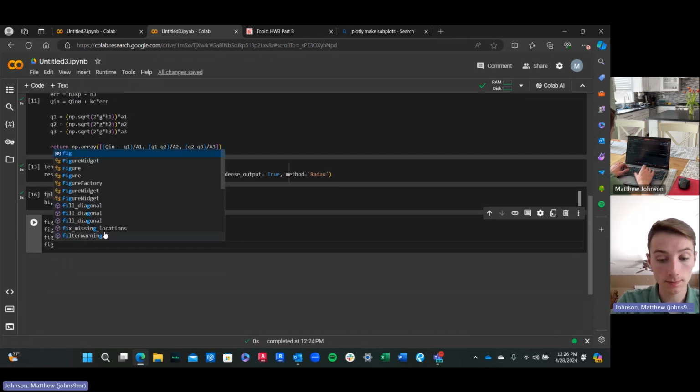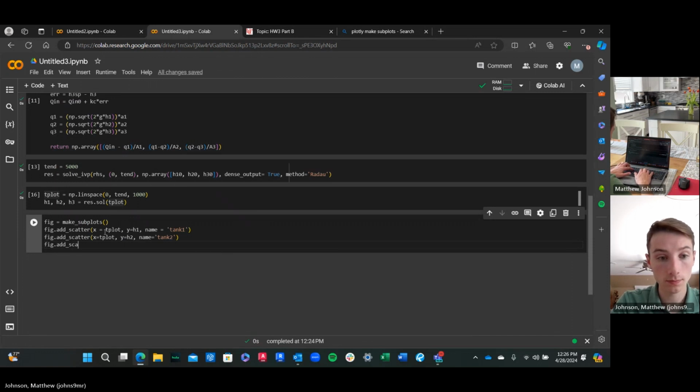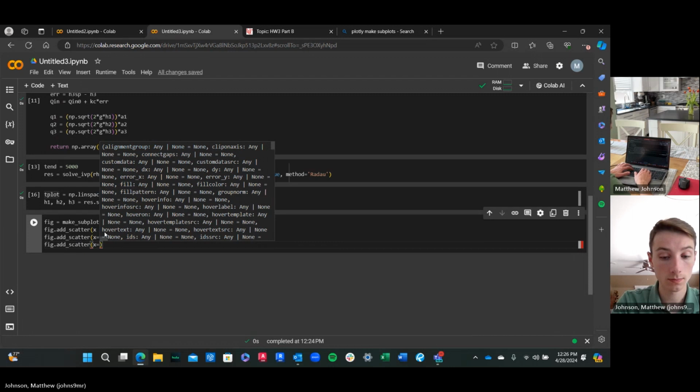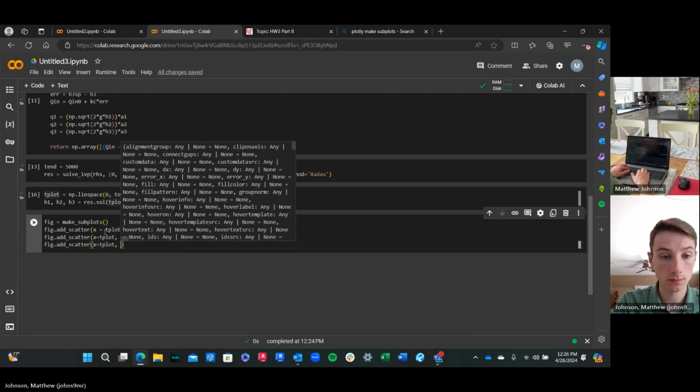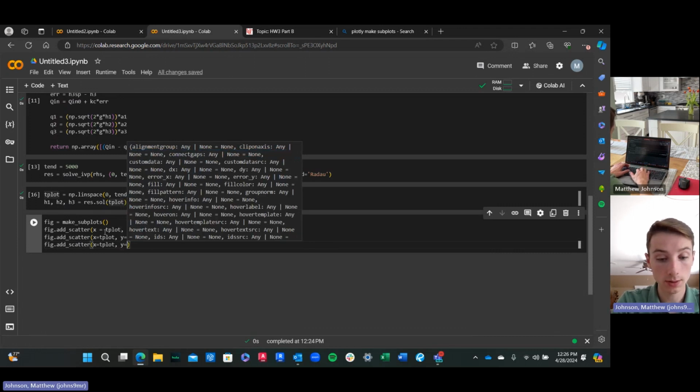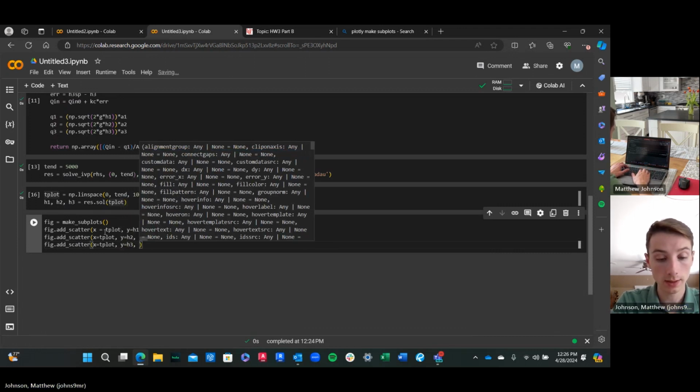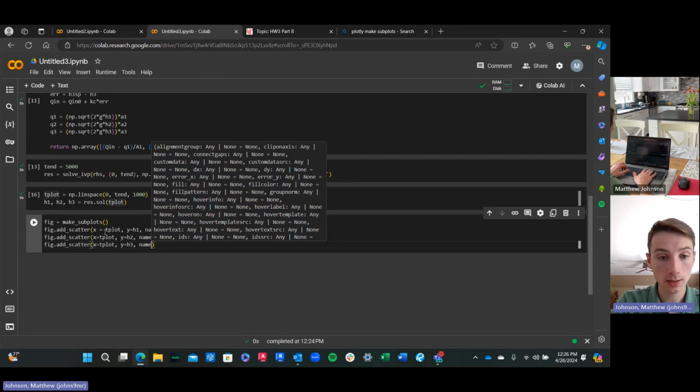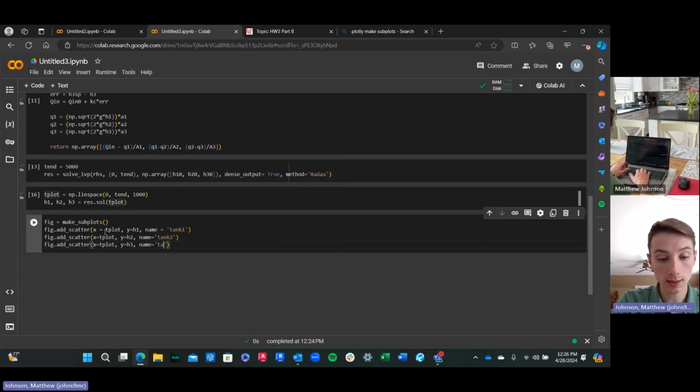Last but not least, y equals h3 and name equals tank 3. Oh no, I made these all goofy. Make it uniform just for my own sake.